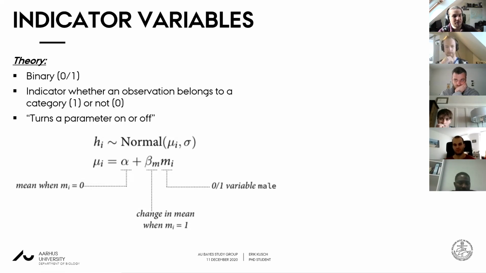However, once we have a male, we suddenly have two parameters that need to be estimated, alpha and beta, and that suddenly doubles our sources of uncertainty in number, not necessarily in our uncertainty itself. That doesn't necessarily double just because the number of parameters that give us uncertainty doubles, but we do have more sources of uncertainty, which automatically makes our model biased against a certain indicator of category.